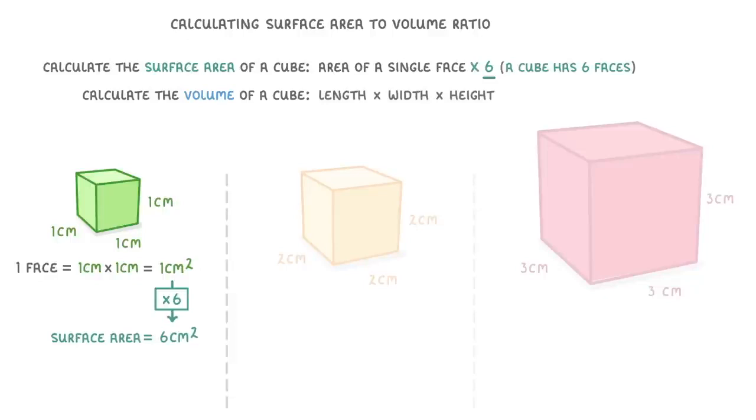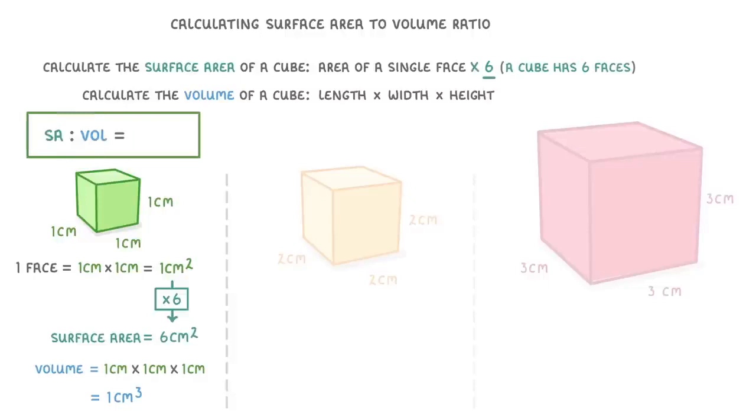So for our green cube, that's a volume of 1 centimeter times 1 centimeter times 1 centimeter, so 1 cubic centimeter. And so the surface area to volume ratio is just the surface area of 6 to the volume of 1, which basically just means that the surface area is 6 times bigger than the volume.